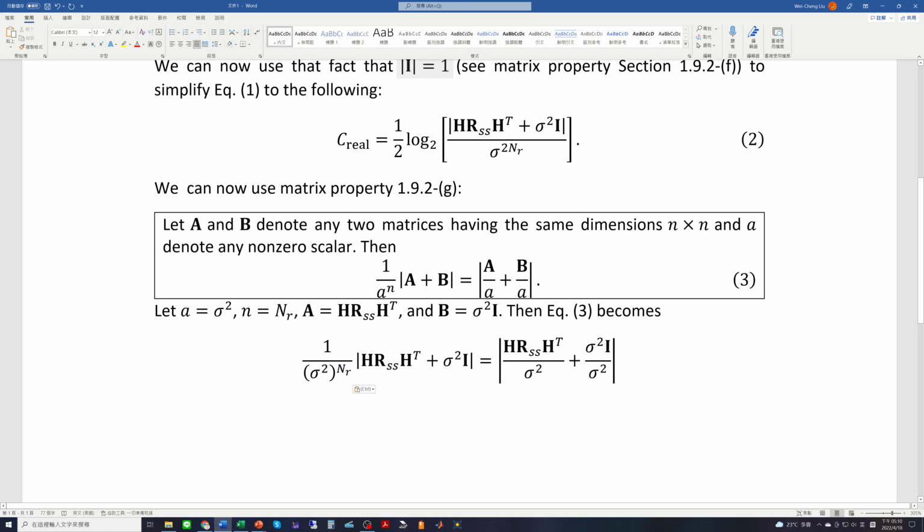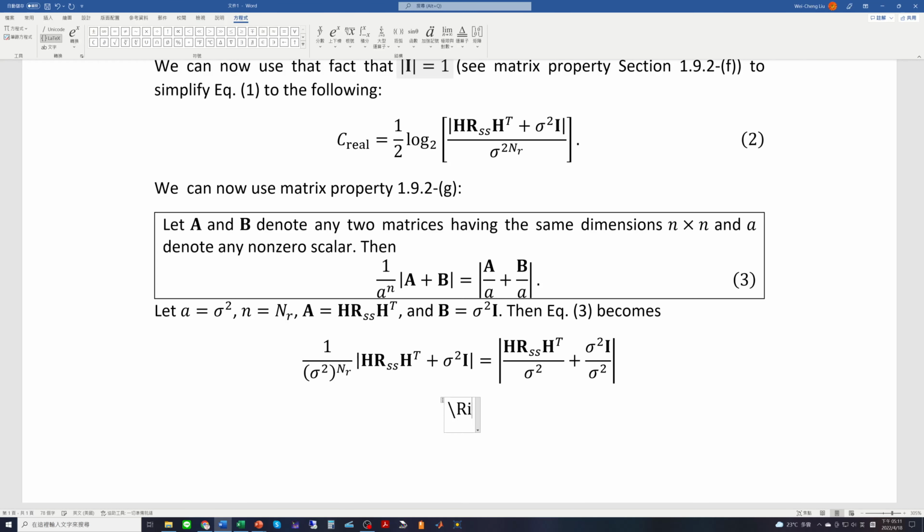So after the replacement, 1 over sigma square to the power of NR times the determinant of H times RSS times H transpose plus sigma square times I is equal to the determinant of H times RSS times H transpose over sigma square plus sigma square times I over sigma square.